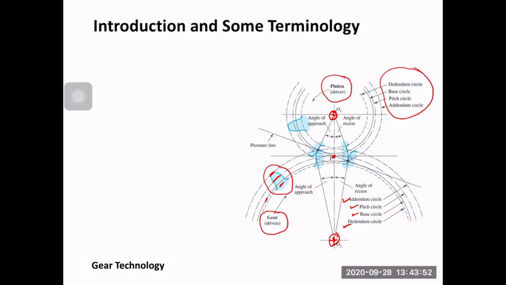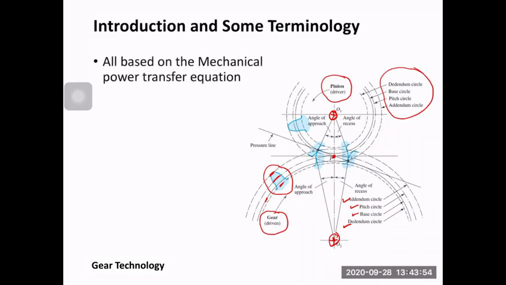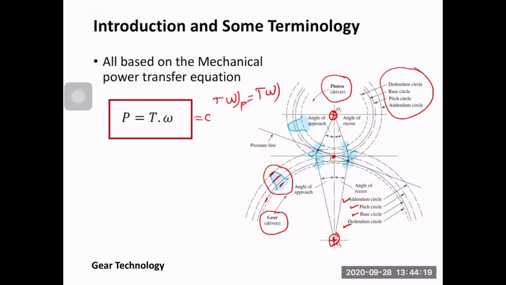It is all based on this equation. The power is equal to the torque times omega. As I said, if the power that is going to be transmitted between the pinion and the gear is constant, it means that torque times omega for the pinion is equal to torque times omega for the gear, right?